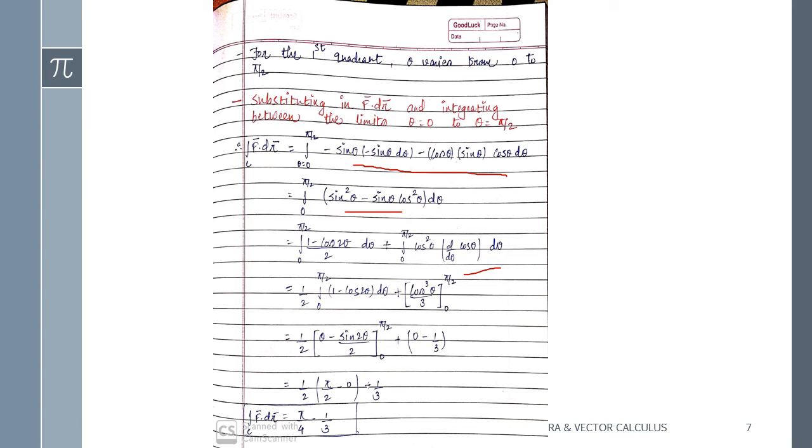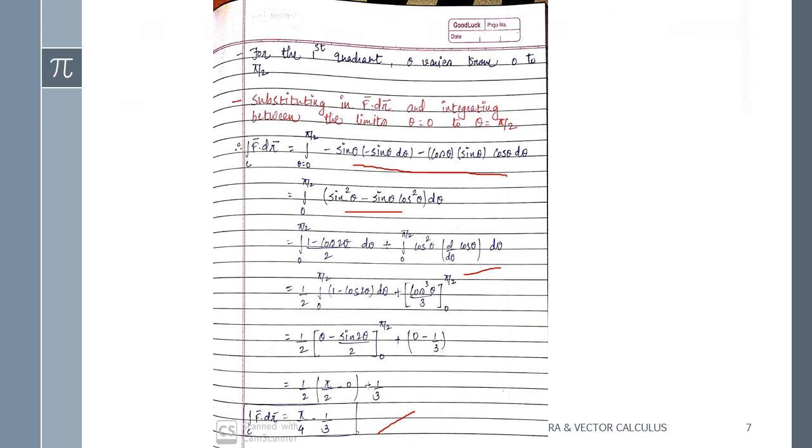This one I have used the rule, so d theta as it is, and now just do the integration, putting all the values, upper limit minus lower limit, and this one you will get the final answer. And let me clarify, this one example is very important, so please note that, continue with your practice.